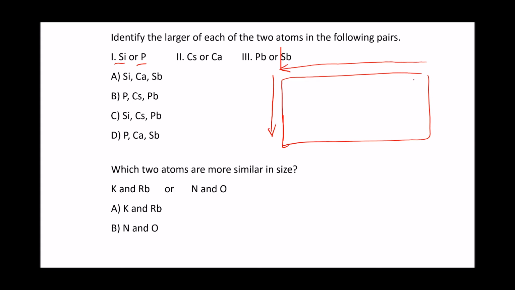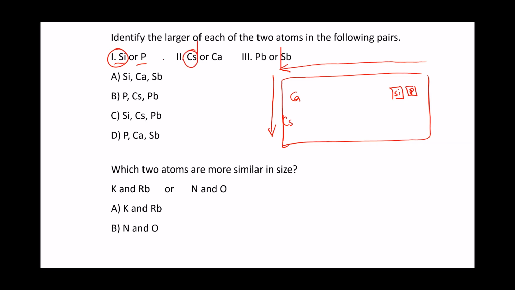So if you look at the periodic table, you will find that phosphorus is to the right with respect to silicon. So that makes silicon larger, right? And if you locate calcium versus cesium, calcium is on top, cesium is downwards. So that makes cesium larger.